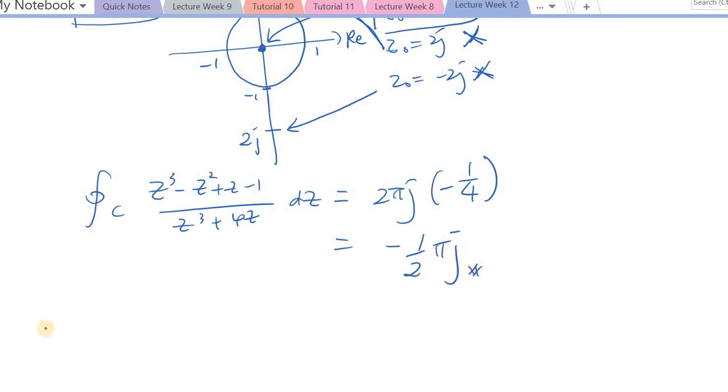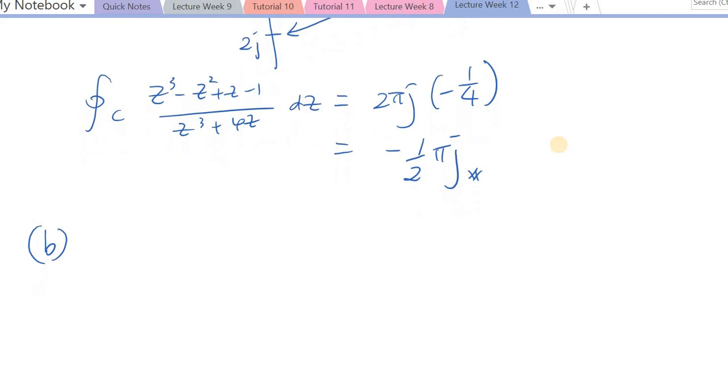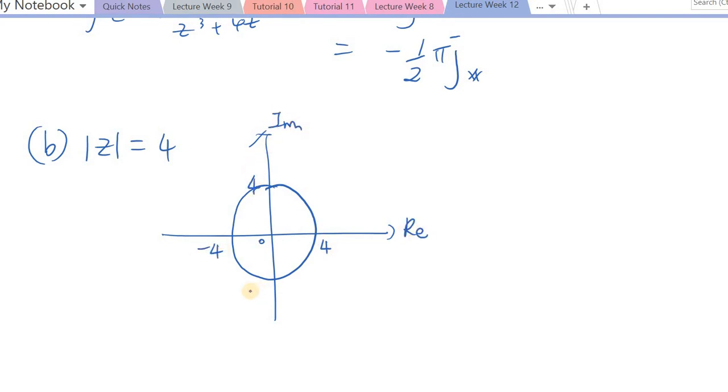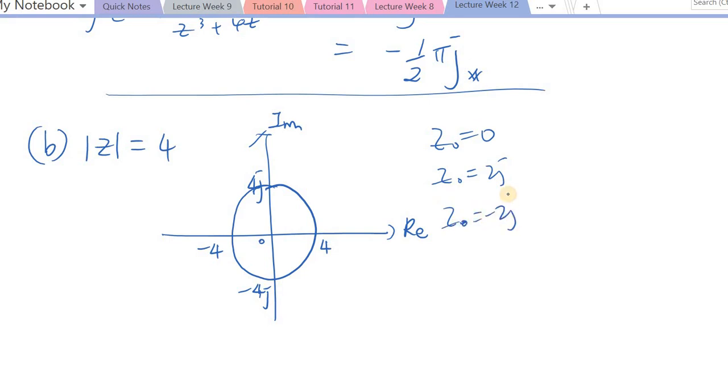Okay, for part B, the contour is the circle magnitude z equals 4. So if you draw the circle here, this is the circle. My circle is not that round. Imaginary part and real part. Recall that we have the singularities z0 equals 0, 2j and negative 2j.